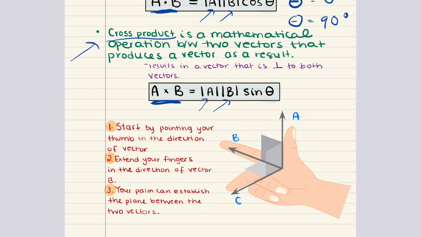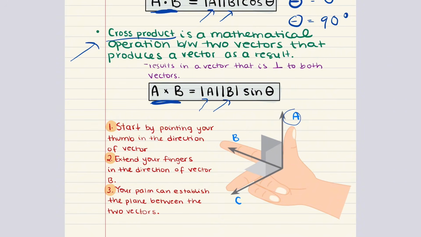So to do this, you're going to point your thumb in the direction of the first vector A. You're going to extend your fingers in the direction of the second vector B, all right? And then your palm will face the direction of the resultant vector C. You can also, instead of using your palm, use your middle finger to point in the direction for vector C. All right, so that is how we figure out the direction of the resultant vector using the right-hand rule.